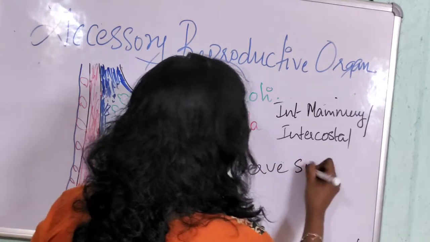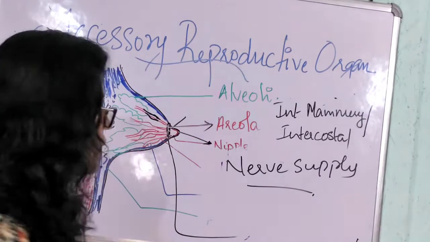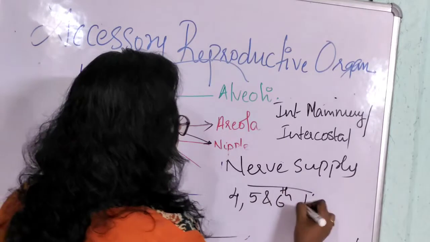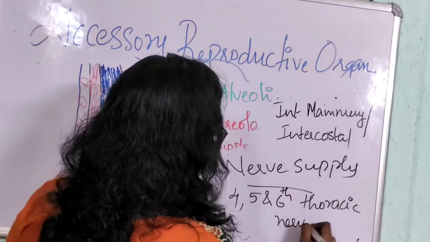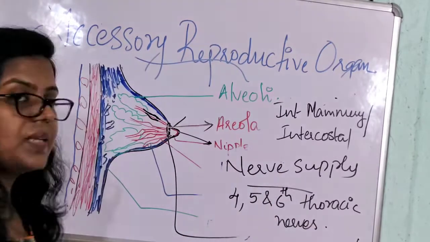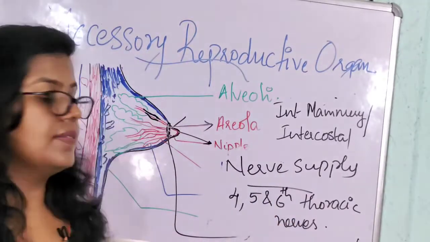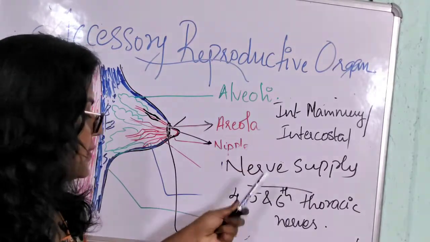From where is this nerve supply coming? The nerve supply is from the 4th, 5th and 6th thoracic nerves. So this is about the blood supply and the nerve supply.